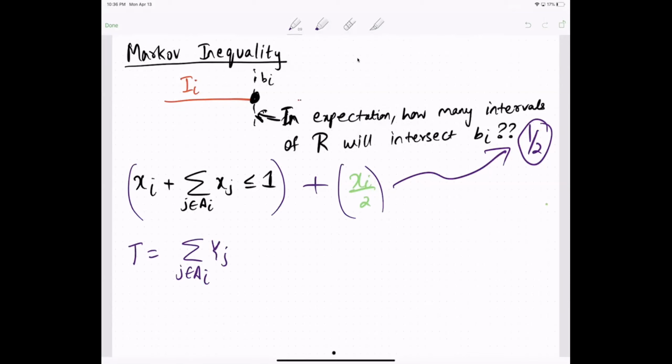That's the standard Markov inequality. So essentially I just used that here.